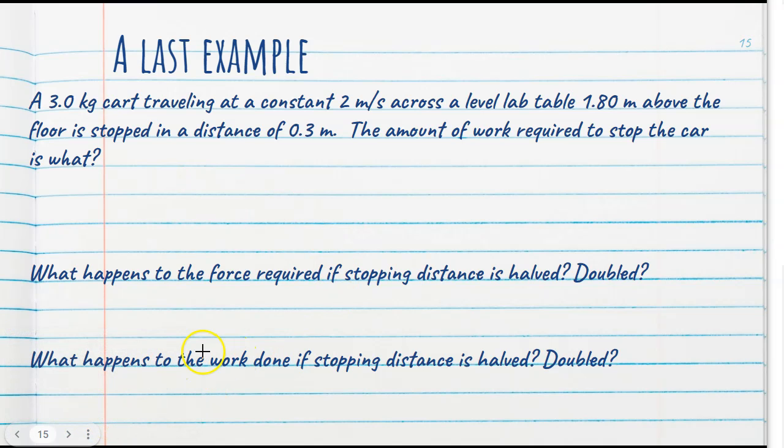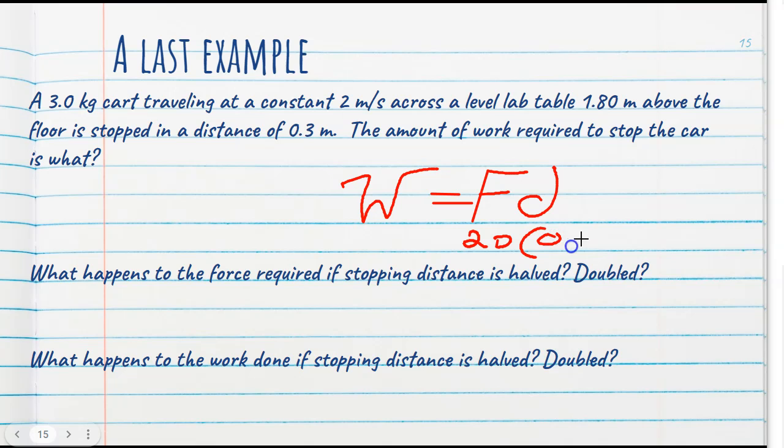Now, what happens to the work if the stopping distance is halved? Remember, work equals force times displacement. So we know the original force was 20 newtons, and the distance was 0.3. So the original work equals 6.